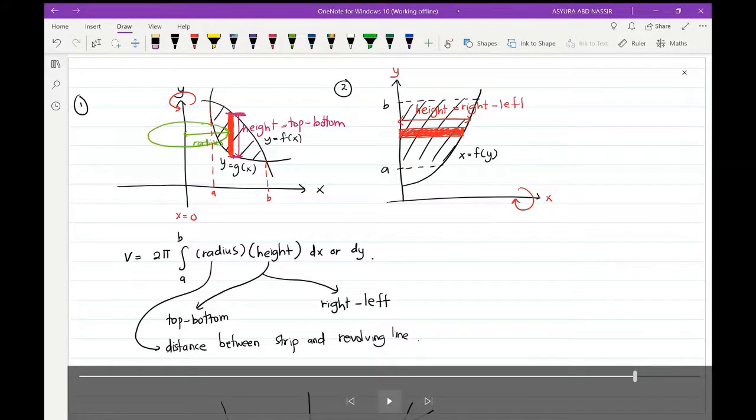When you cut, your strip will be parallel to the x-axis, and the height will be right minus left. And your radius will be the distance between the strip and the rotation line.